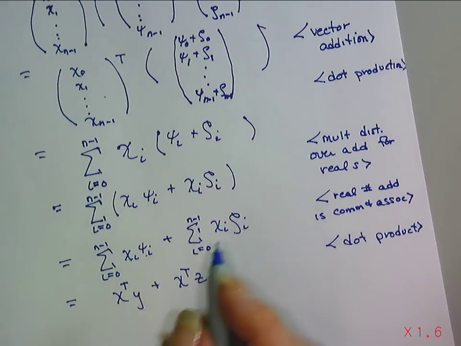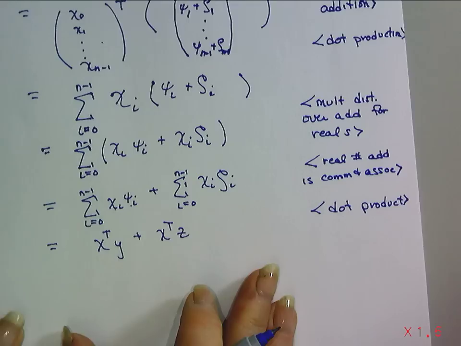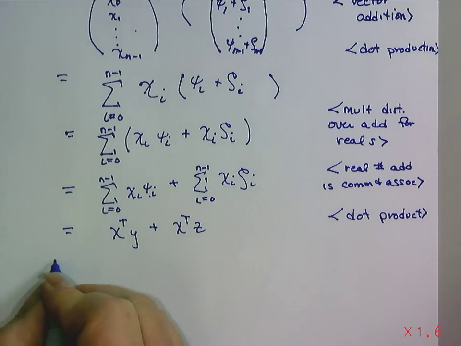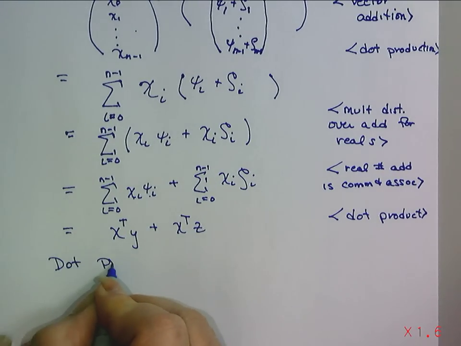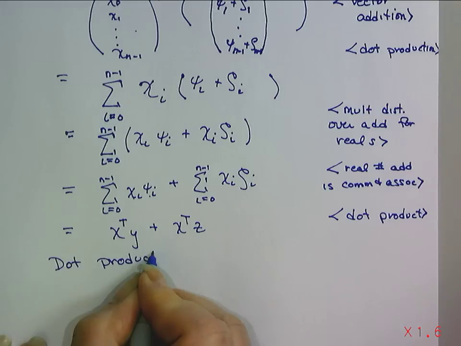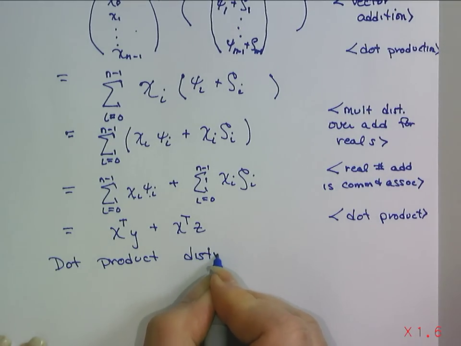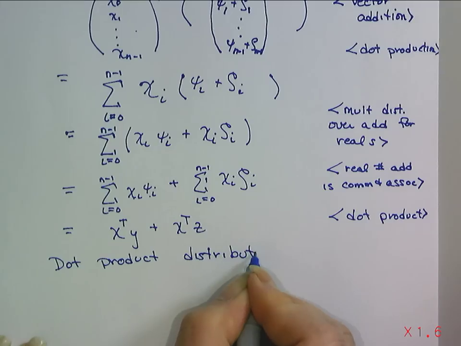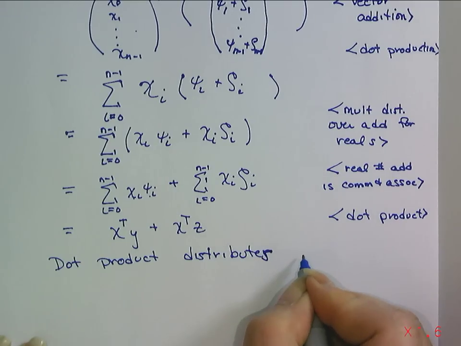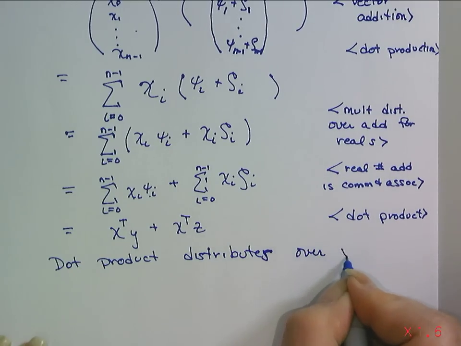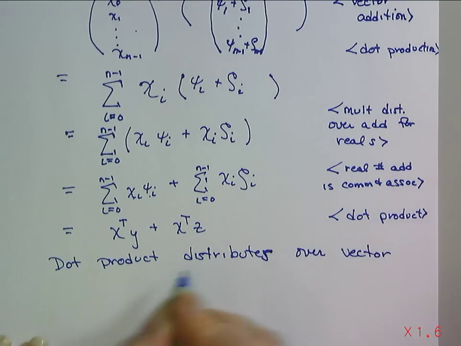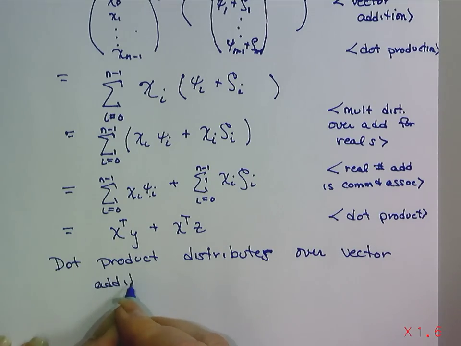So I'm going to write that out. Dot product distributes over vector addition. This is a very important theorem.